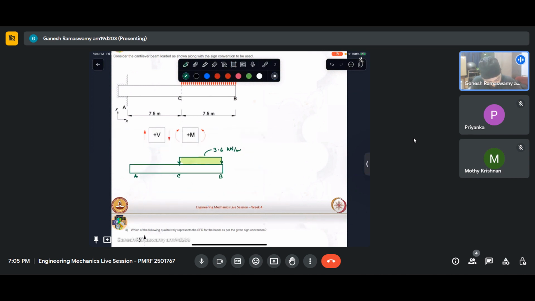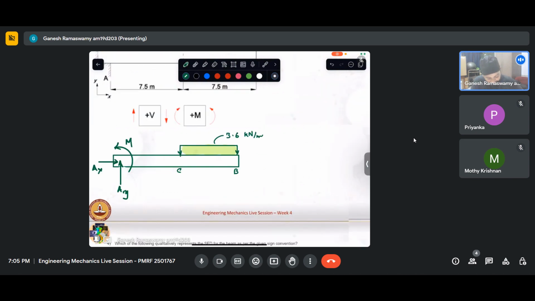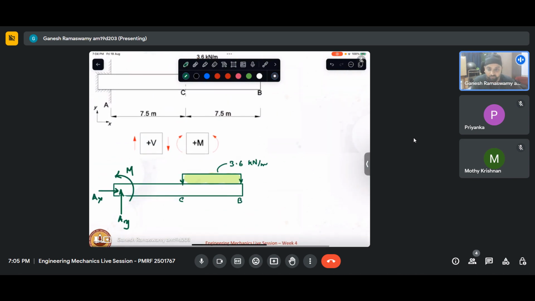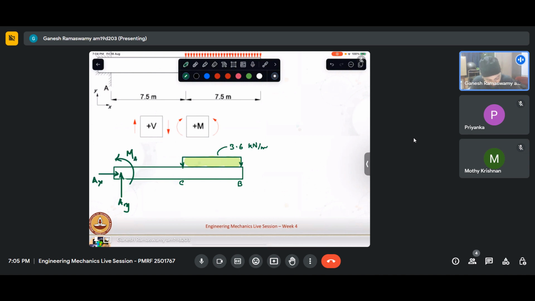So I'll replace this with two forces, AY, AX. In addition to that, there will be a moment which will support it. Because it's a fixed end, it doesn't allow rotation also. So let us call this MA. And I have the force like this.